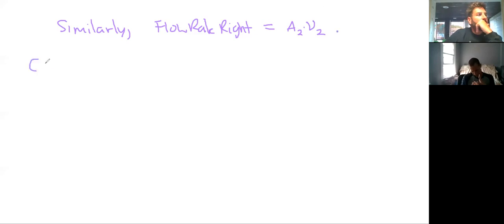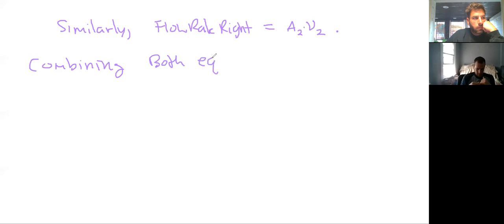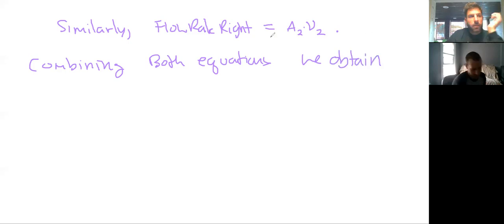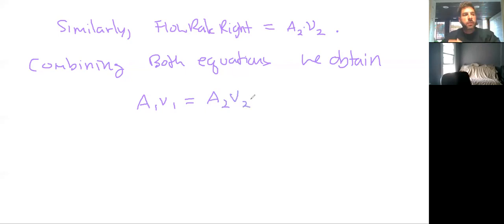And so when you combine these facts, if the left flow rate and the right flow rate have to be the same, you get the following: area and speed in the first cylinder has to equal the second cross-sectional area times the speed in that particular cylinder.